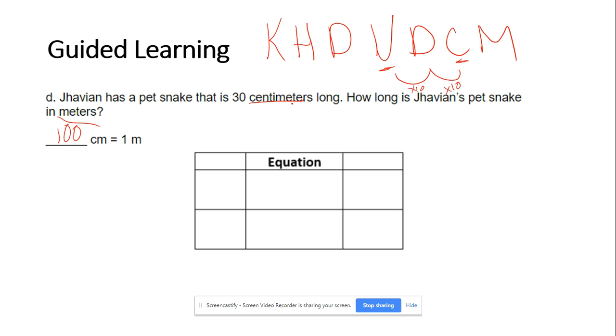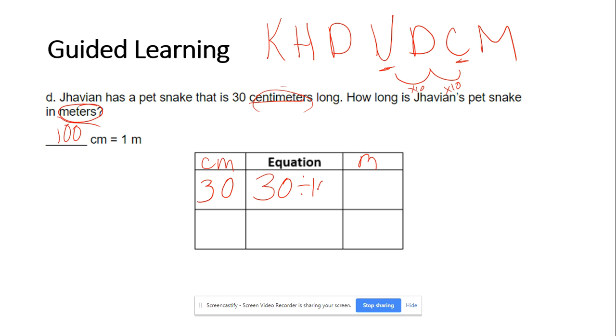So once again, they're saying that he has 30 centimeters. So we're starting in centimeters, and the question is asking how long his snake is in meters. So we're going to have our output as meters. We'll just do 30 centimeters. Remember, they're giving us 30 centimeters.